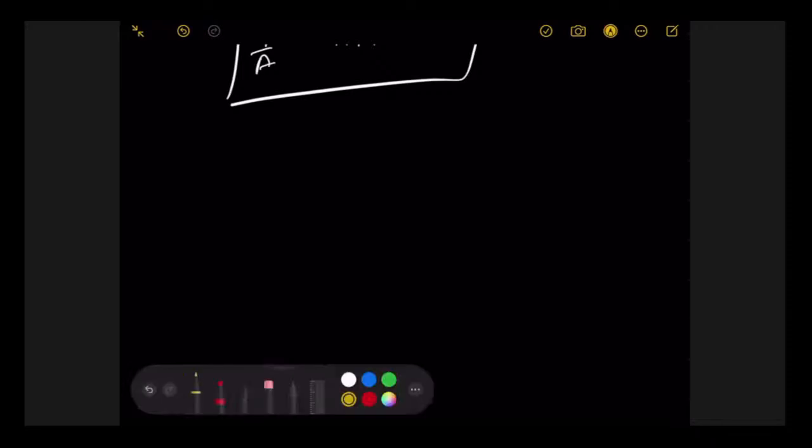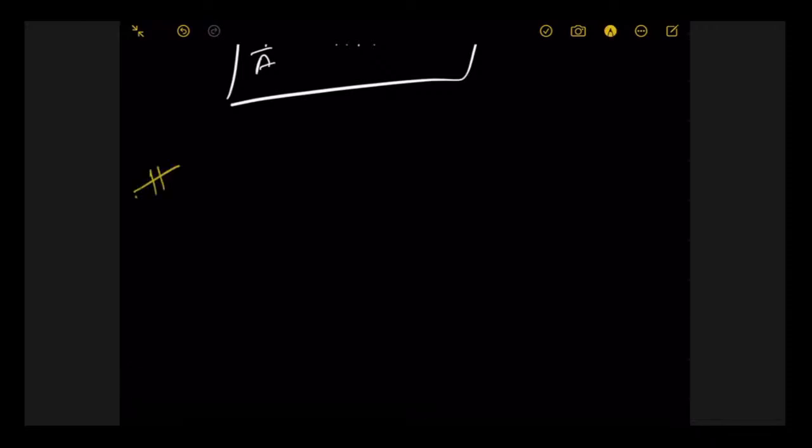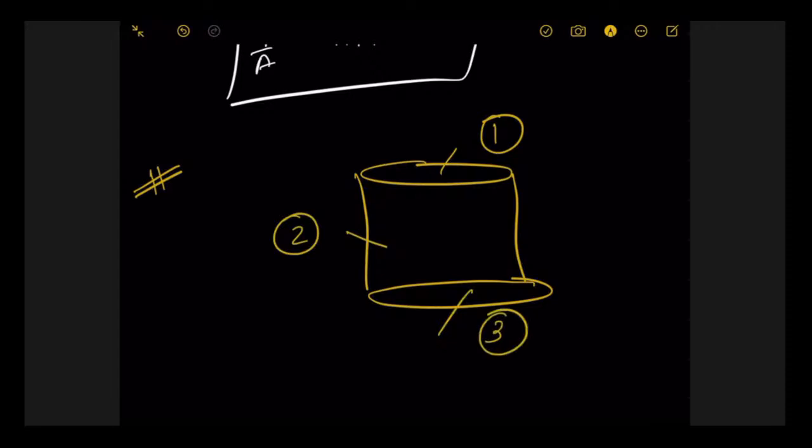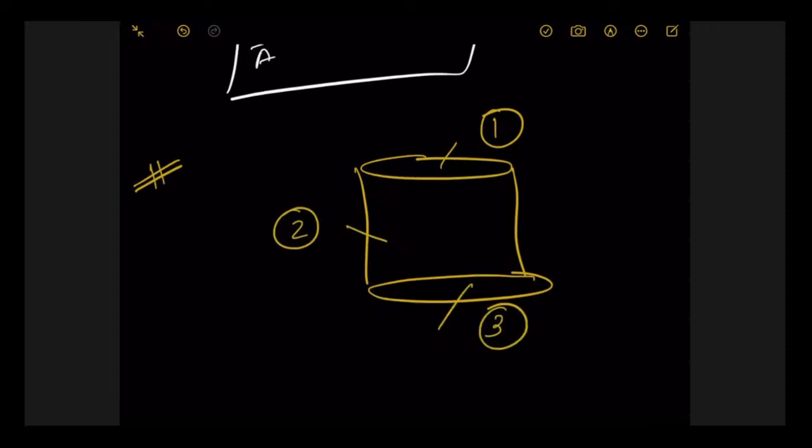So the last question, I will give it to you as homework. Suppose you have a cylinder like this, and this is surface 1, this is surface 2, and this is surface 3. Okay. And it is given that F13 is equal to 0.17.